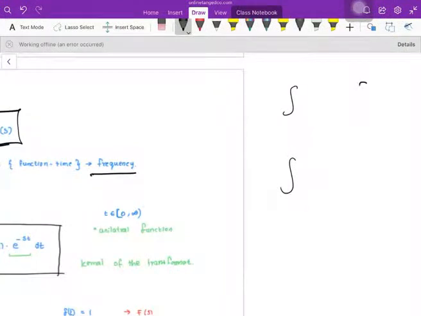A function without any limits is an improper integral. A proper integral should contain limits a to b. Even in proper integrals, there are 2 types: one is definite, and another one is indefinite.